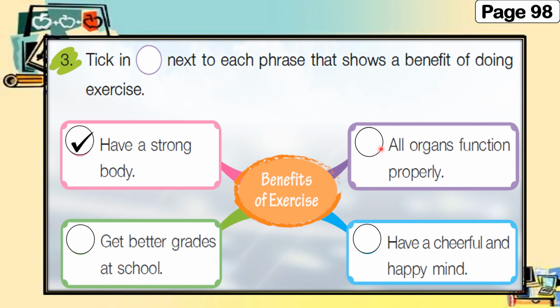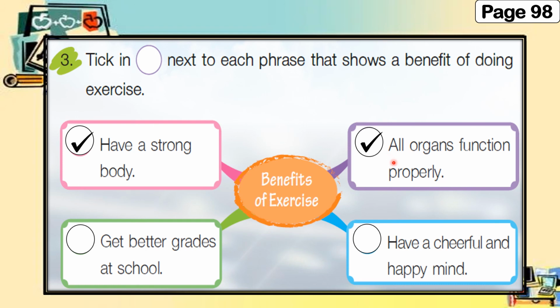Now on the third circle here is all organs. When you say organs, different parts of your body will function properly. All organs function properly. So you put a check on this third circle.